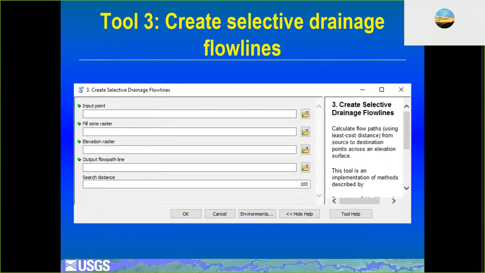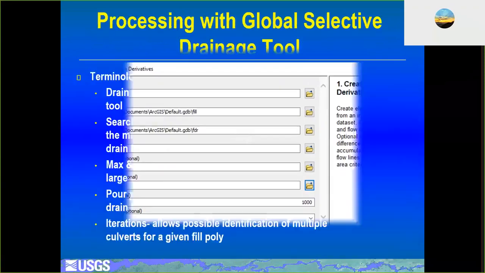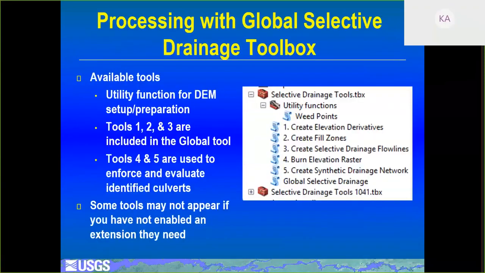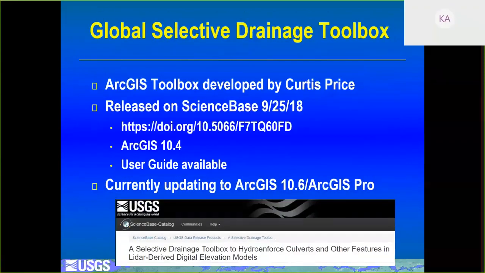Right. Yep. I have a quick question. This is Karen Adkins. You mentioned that you're upgrading to ArcGIS 10.6 and ArcGIS Pro. Do you have an expected timeline on that at this point? Are you just getting started? I think there's just one of the tools that's not working in Pro, one of the steps in the toolbox.